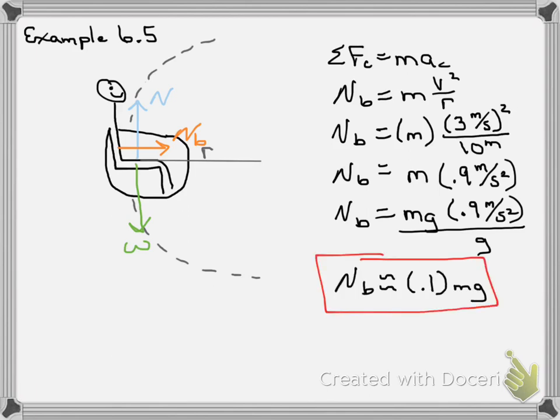So when we do that, we find that the normal force from the back is about 1/10 of the person's weight. So while in the textbook example, the upward normal force and the downward weight force were both radial forces, at this point, they are not.